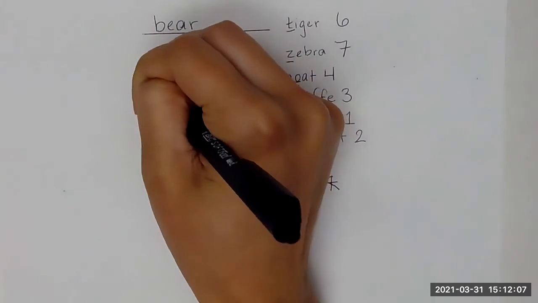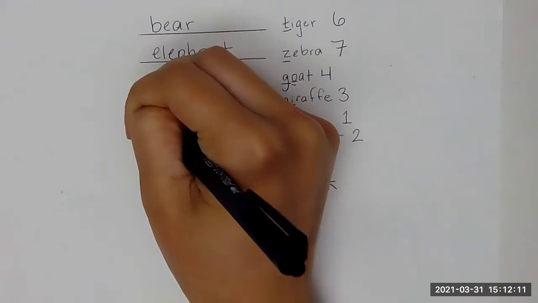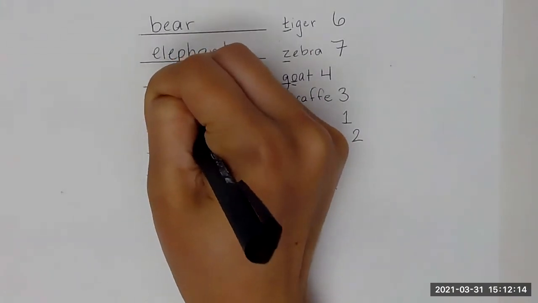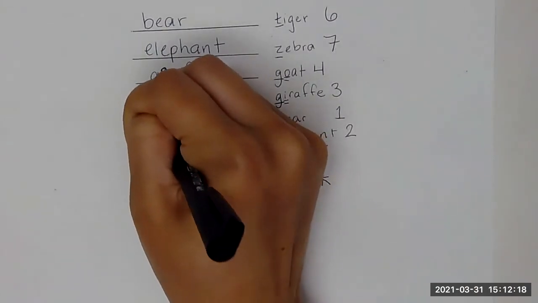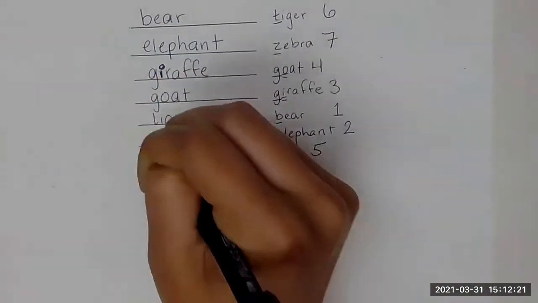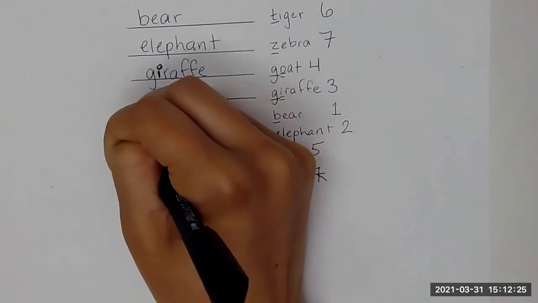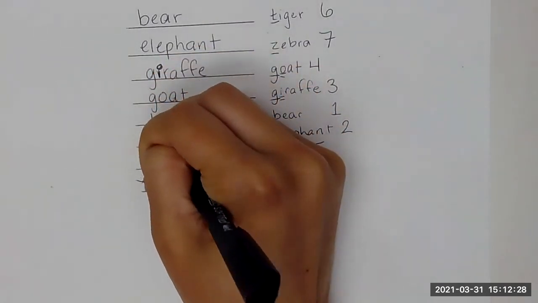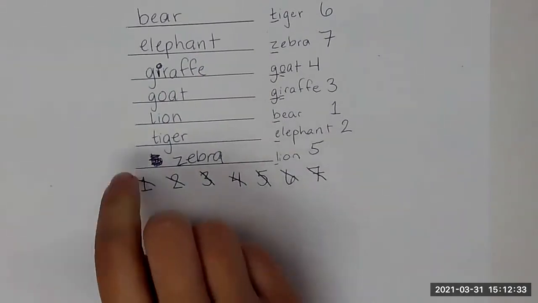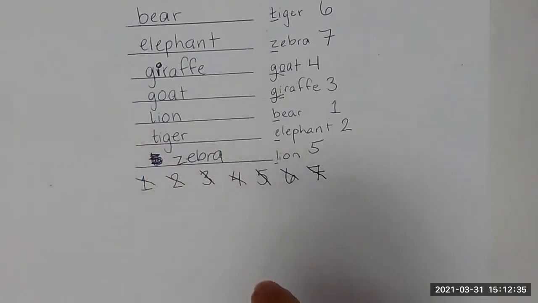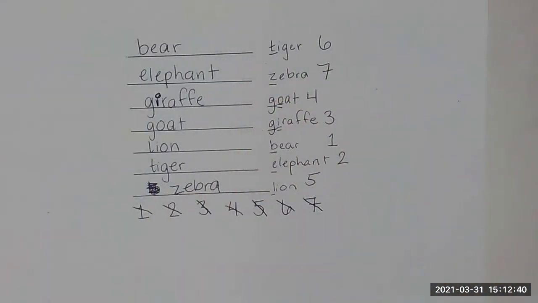And then goat. And then lion. And then tiger. And then zebra. We use pencils so we can erase. Mrs. Rowland uses a pen because it's darker and easier to see.